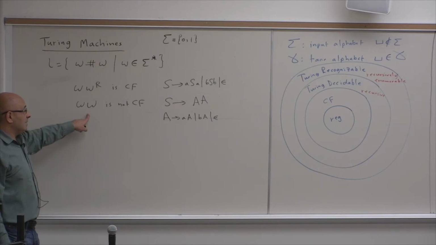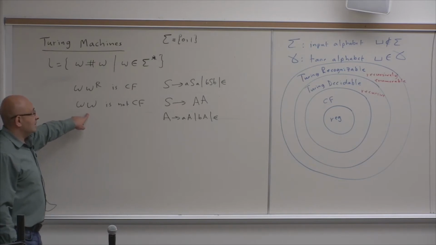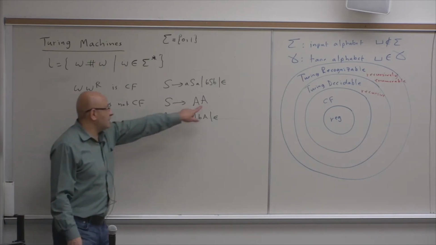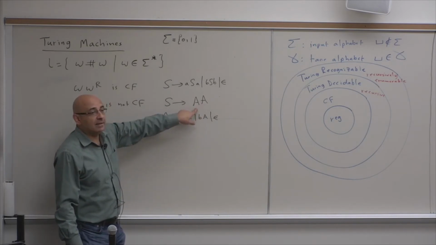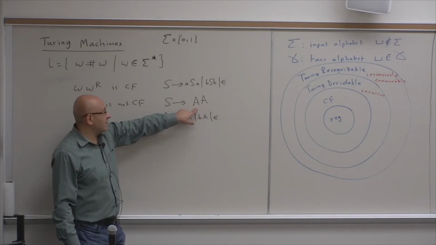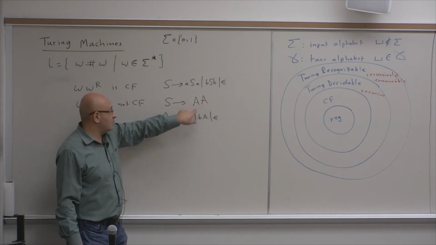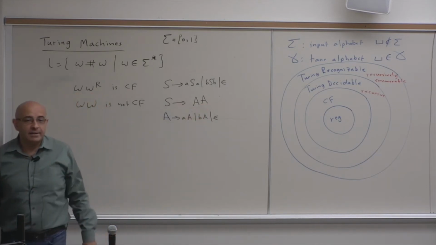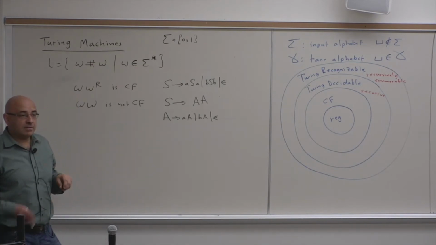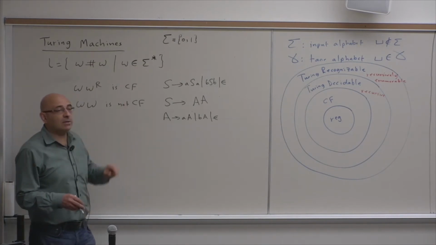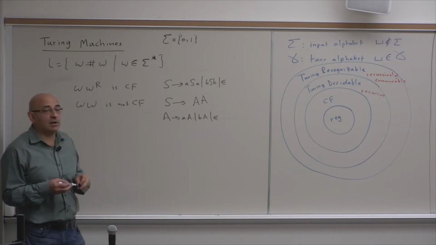Why? Because there is nothing that will force this A to be the same as this A. This is an arbitrary string, and this is an arbitrary string, and these two A's can be different. So this is just a naive attempt to construct a context-free grammar for this, but there is no such grammar because this language is not context-free.